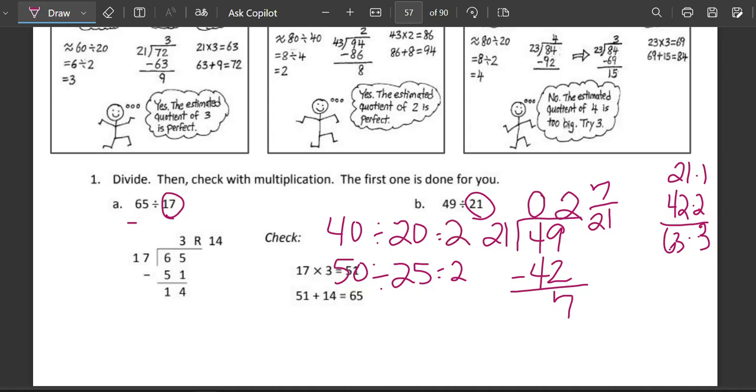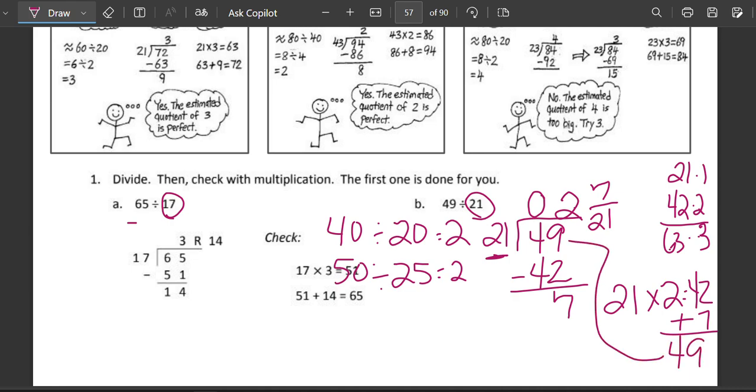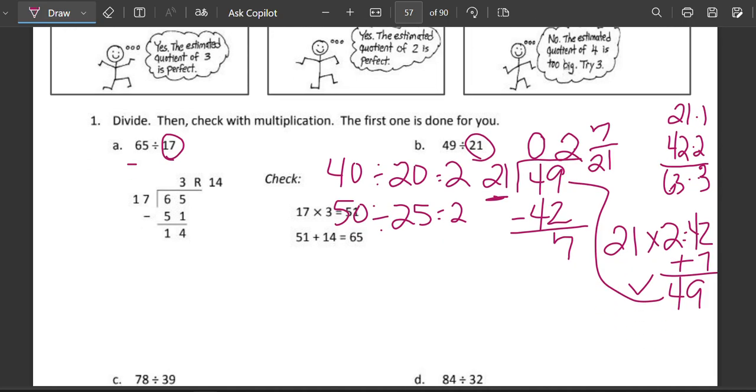Well, good news, that matches my answer. So, good to go. Now, let's do our check. 21 times 2 is 42 plus 7 is 49. That checks.